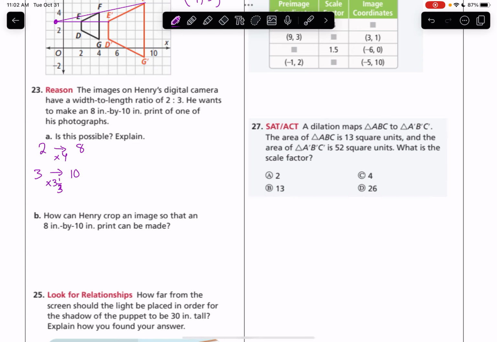So those scale factors are not the same. I won't be able to do this because those scale factors are not the same between 2 and 8 and 3 and 10.